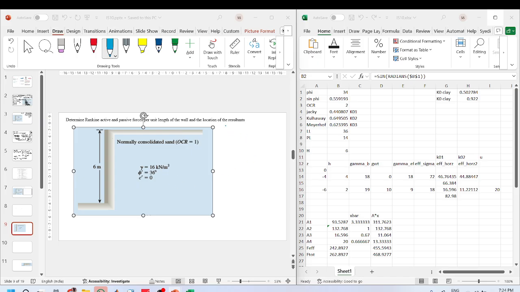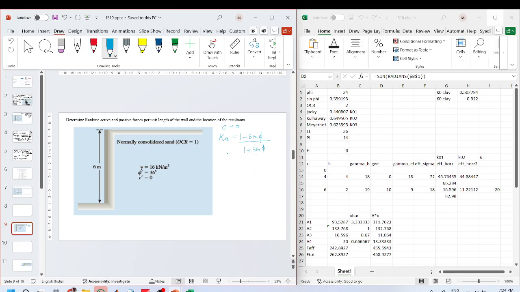Since C is 0, your K active will simply be 1 minus sine phi over 1 plus sine phi.